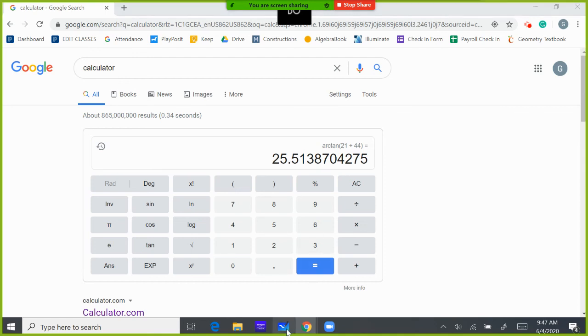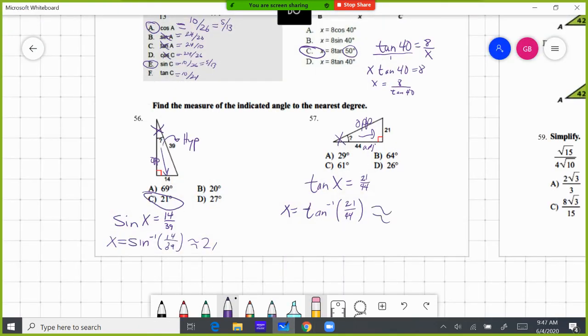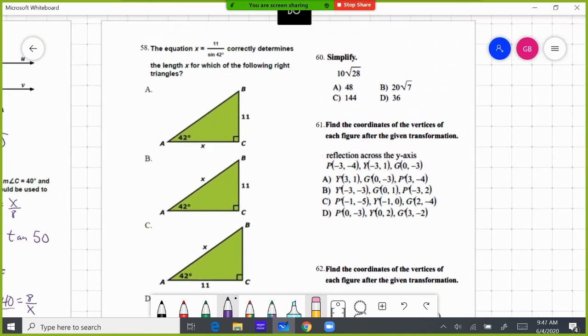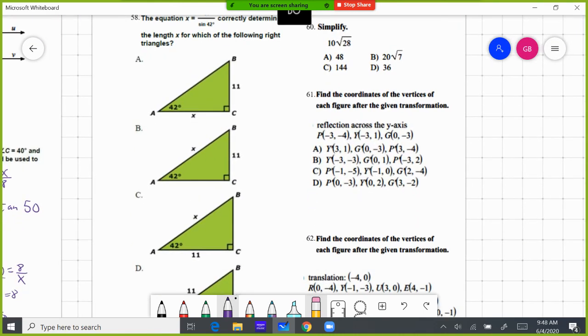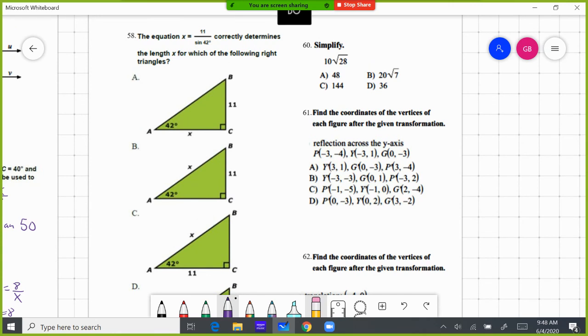All right, good job. Okay, that's 57. And a few more. 58.